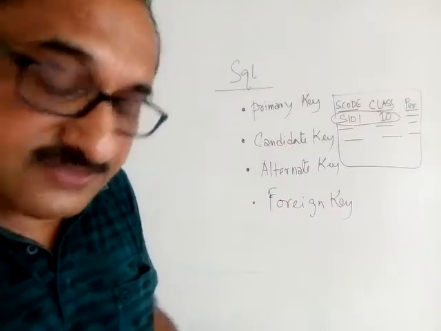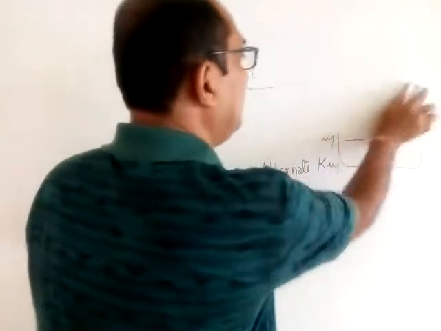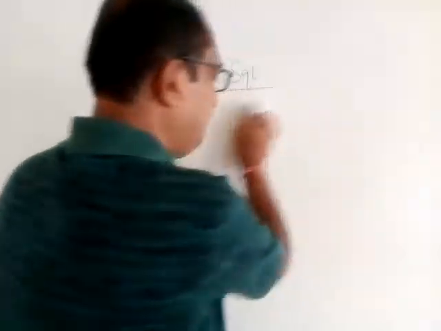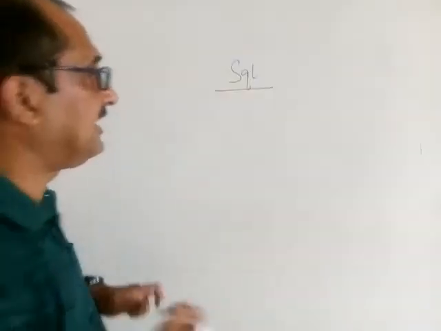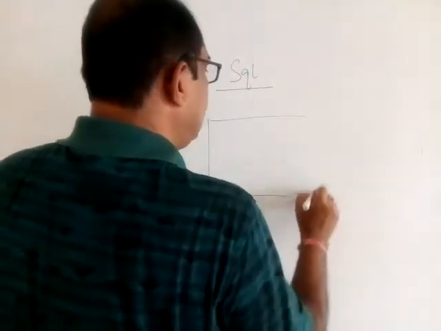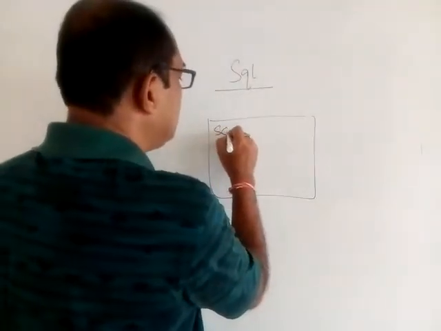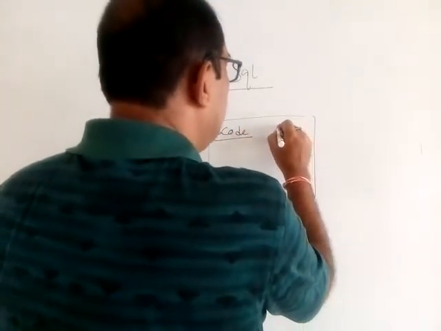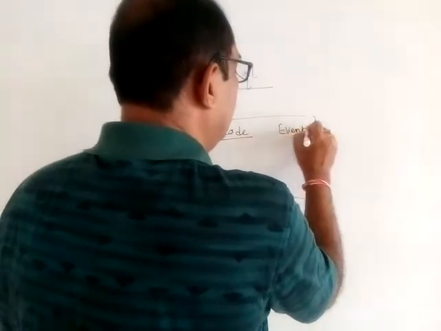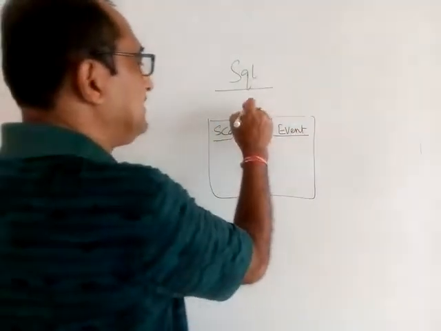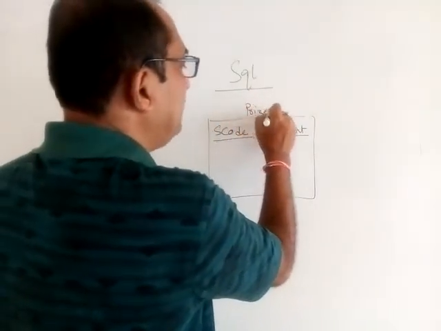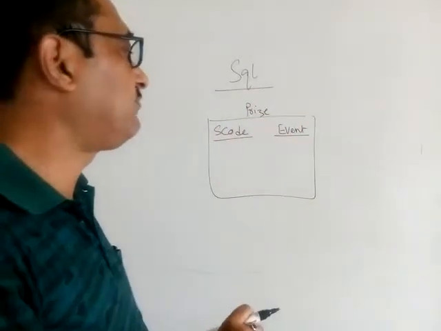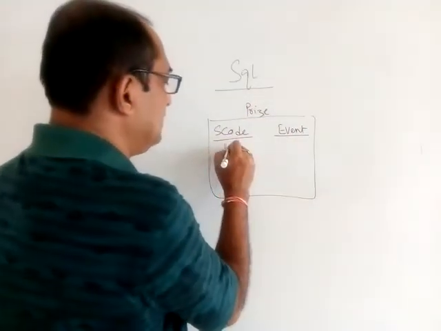What is foreign key? To understand the foreign key, we have to make an example, we have to draw a table. For example, say here we have S code, and say I wrote event. Say some students have qualified for some prizes.